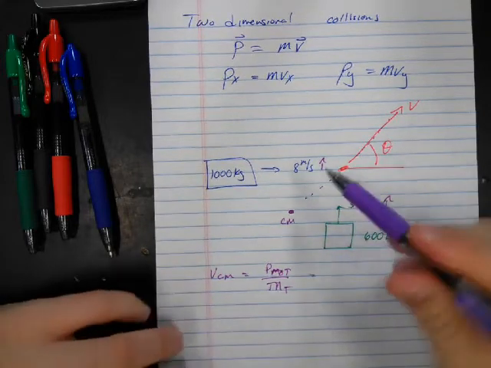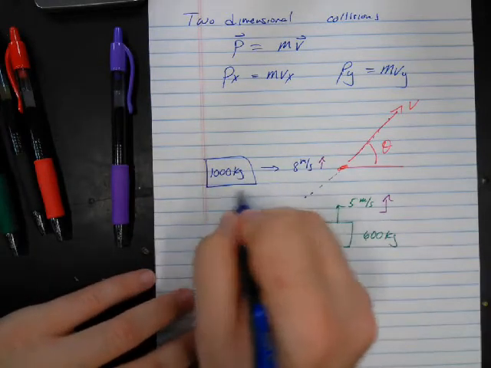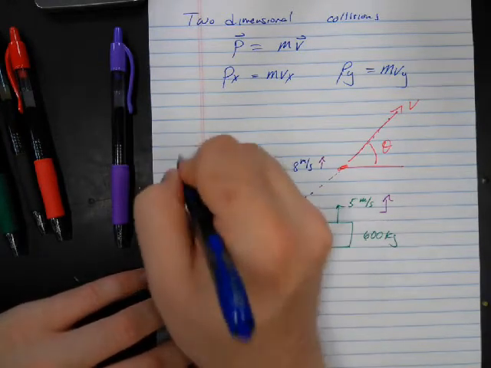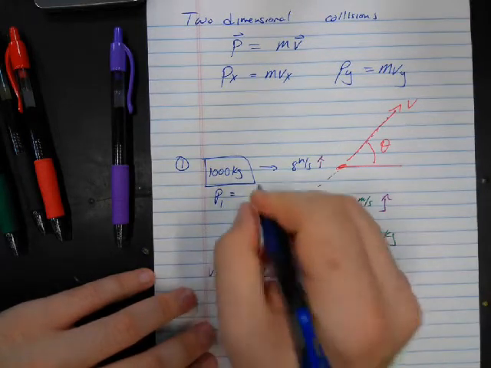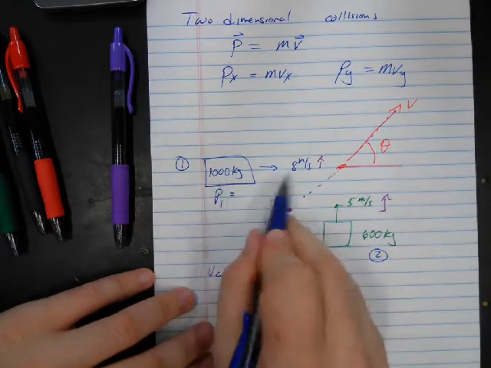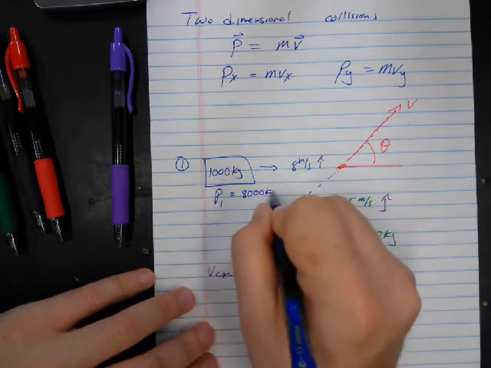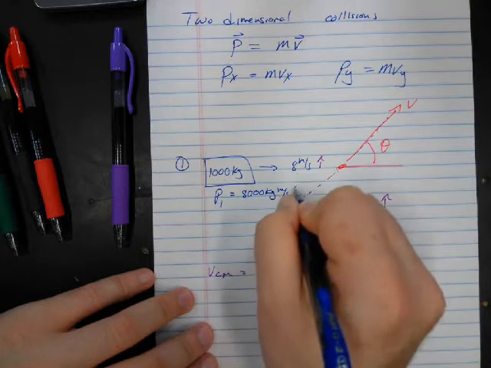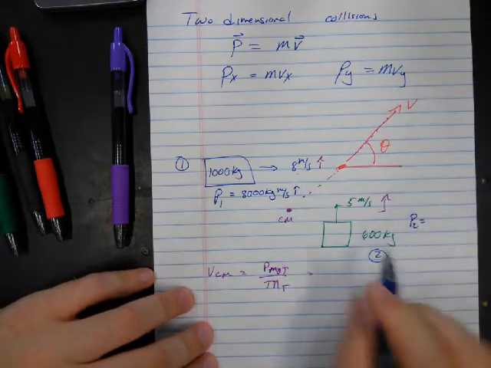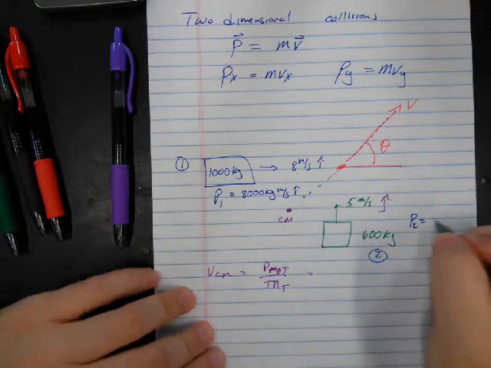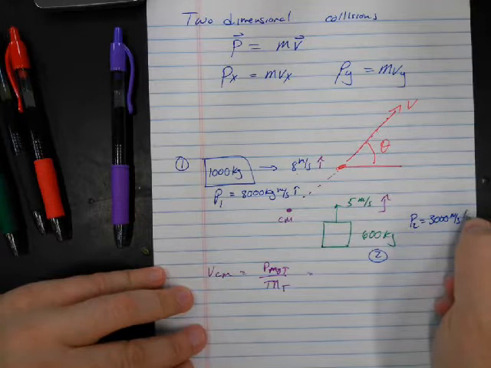So the total momentum, well, that's just going to be adding up these things. Here the momentum, we'll call this one 1 and this one 2. So momentum 1 is going to be, m times v is 8,000 kilogram meter per second I hat. And so here P2 is going to be, 600 times 5 is 3,000 meter per second j hat.